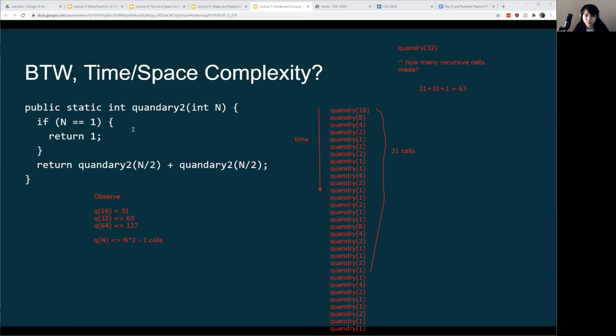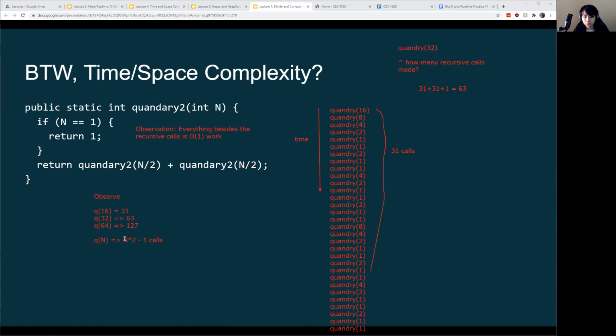And here, observe, everything besides the recursive calls is O of 1 time, right? So the observation that you need to make here is that everything besides the recursive calls is O of 1 work, which means we only need to keep track of the total number of recursive calls we make to figure out the total number of steps that we have here.